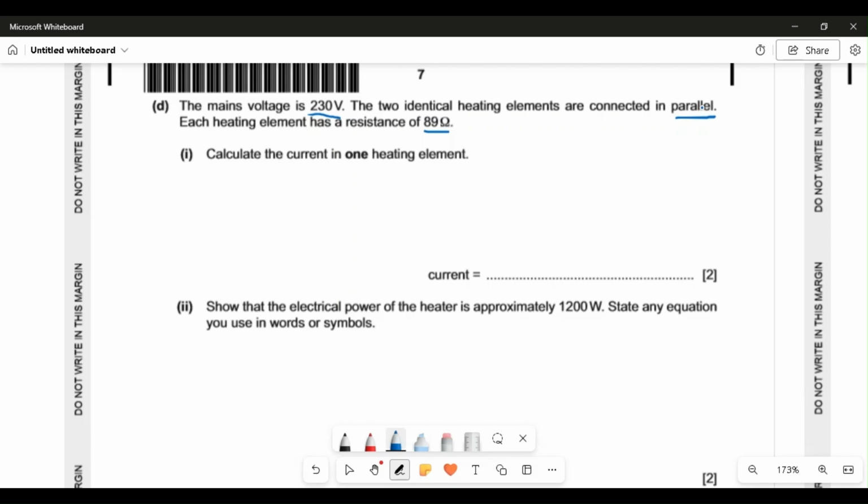When heating elements are in parallel, it means they will have the same voltage. In parallel combination, we know that voltage is always the same. So when voltage is the same and these are identical, with the same resistance, you are going to calculate the current.